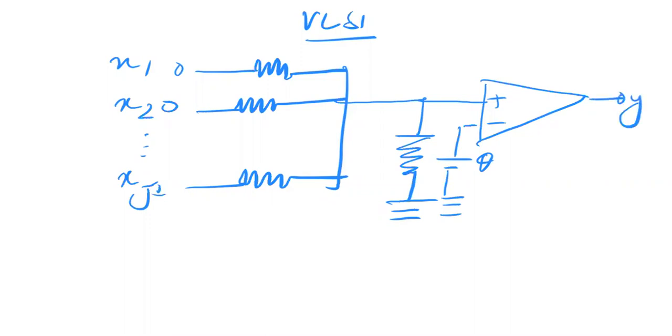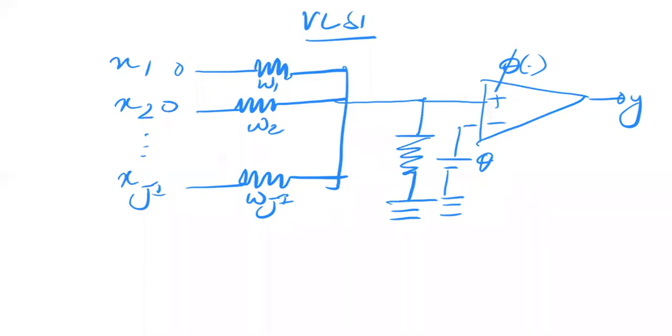And then here you have your output. Obviously, you apply phi, the activation or transfer function. This is your W1, W2, WJ1. So this is how a VLSI model for a neuron looks.